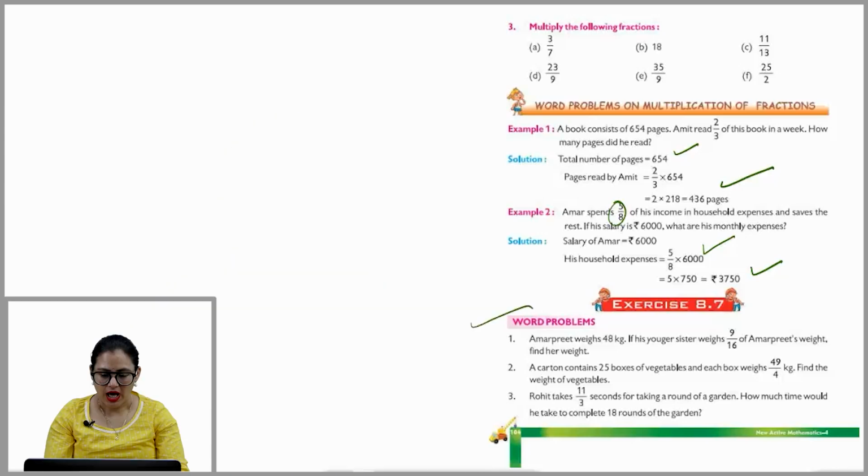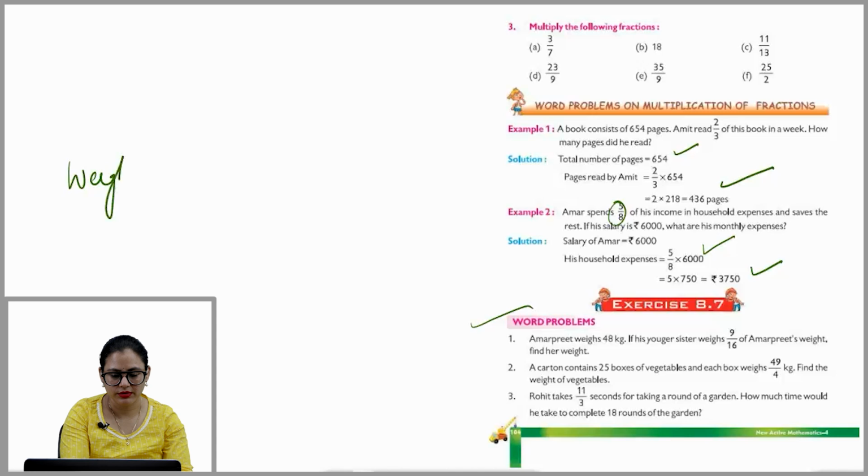Okay, let's do exercise 8.7, word problems. Amarpreet weighs 48 kg. If his younger sister weighs 9 by 16 of Amarpreet's weight, find her weight. Whose weight do we have to find? The weight of Amarpreet's sister.